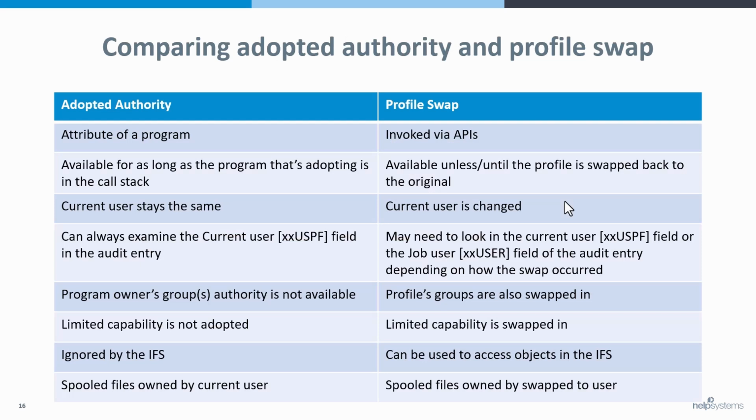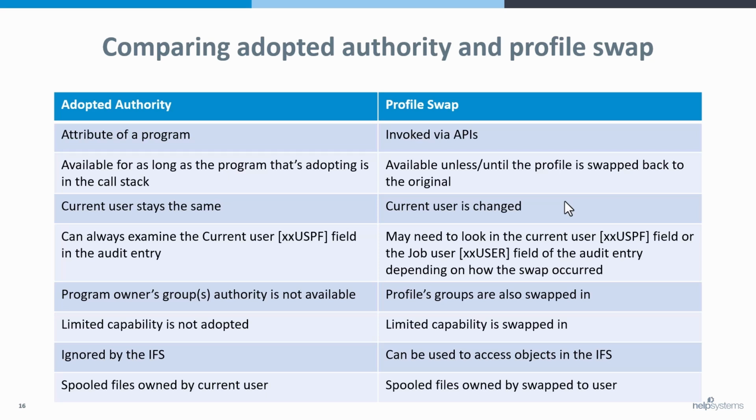So if we look at some differences between adoptive authority, configuration of a program, and doing a profile swap using system APIs, with adoptive authority, that authority is available so long as the program's in the call stack. With a profile swap, the authority is available until the profile is either swapped back or the job ends.